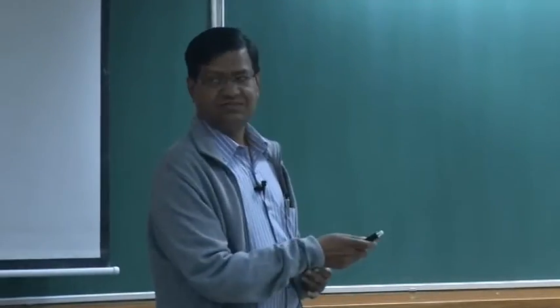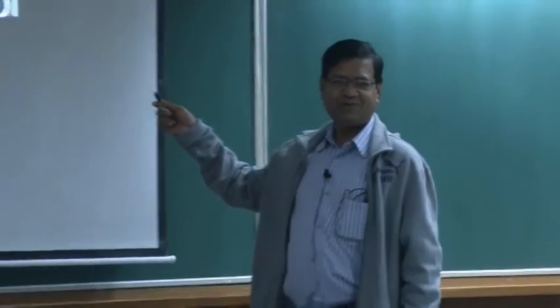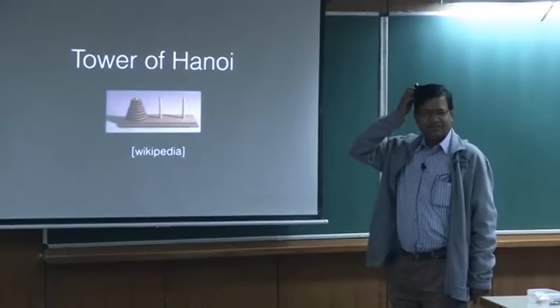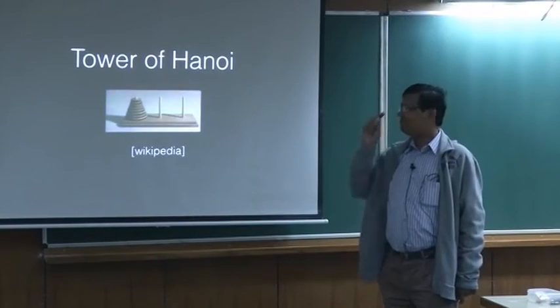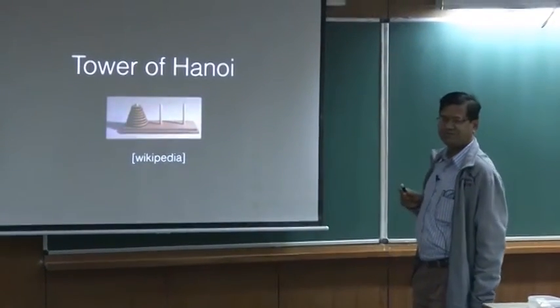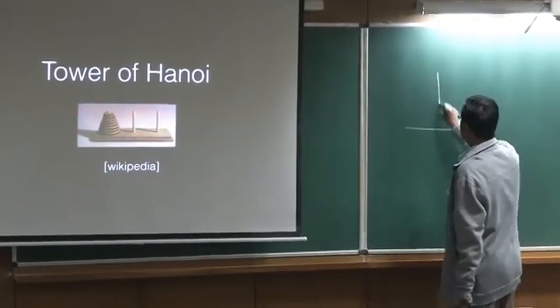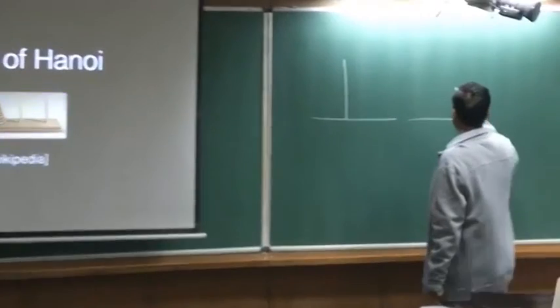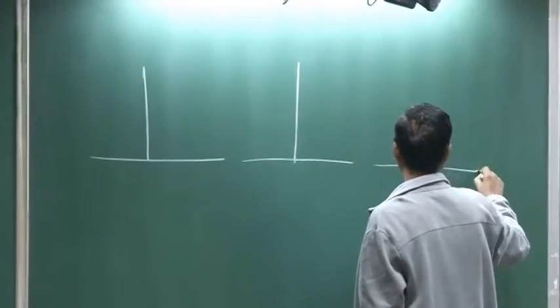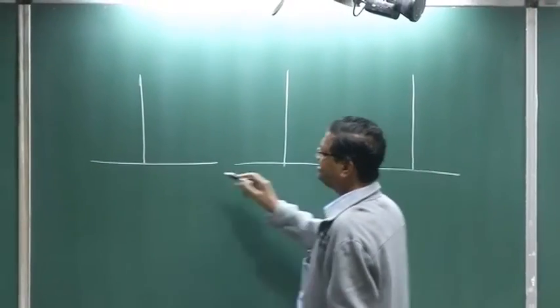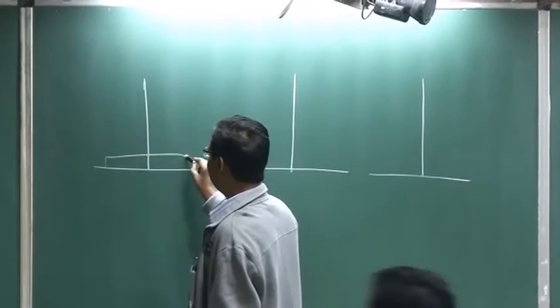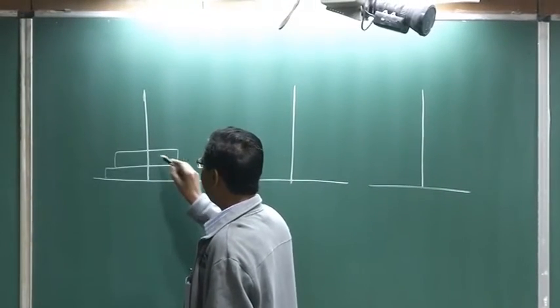So, I was on this problem, Tower of Hanoi. How to solve this problem? Everybody knows the problem. There are 3 pegs, and the first one has a set of disks.